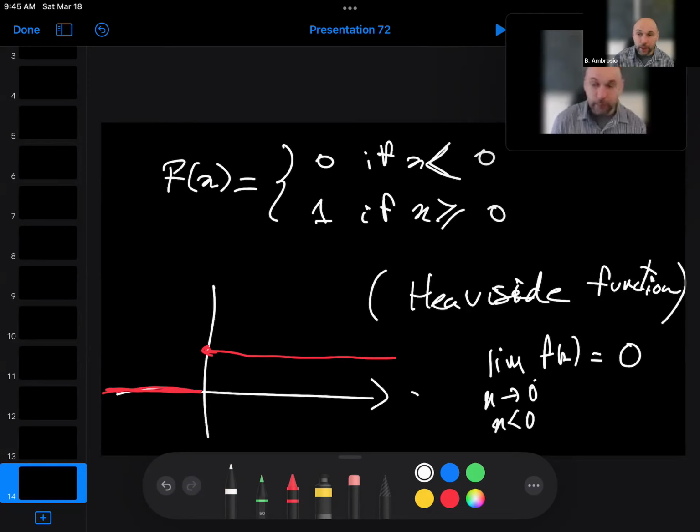If I pick up any negative number, I choose f of x, it will be always 0. And so will be the limit. But if now I do limit when x goes to 0, on the right side of f of x is 1.